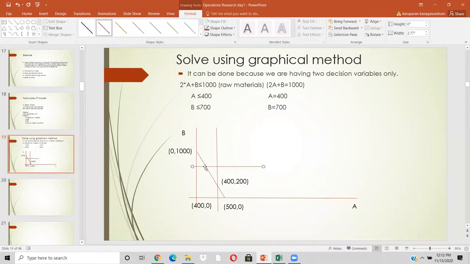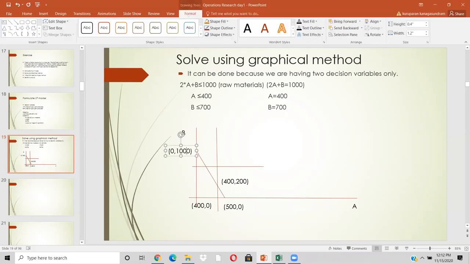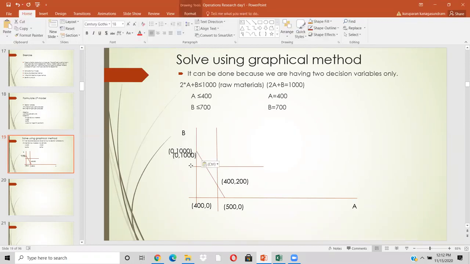Okay. It will be here. This will be 0, 700. And the intersection point will be what? What will be the intersection point? This one. This point.